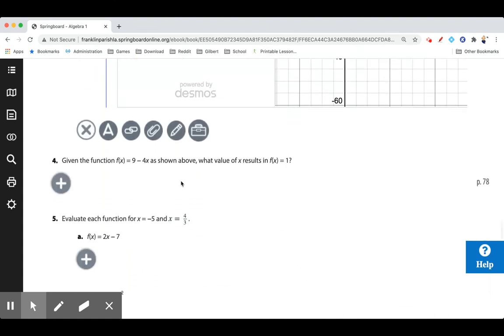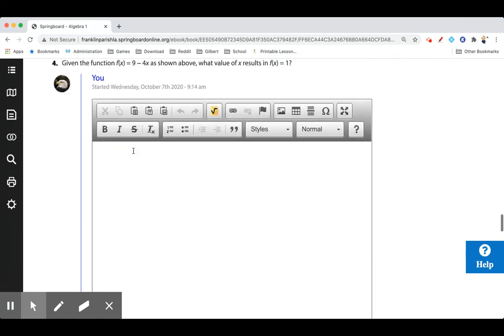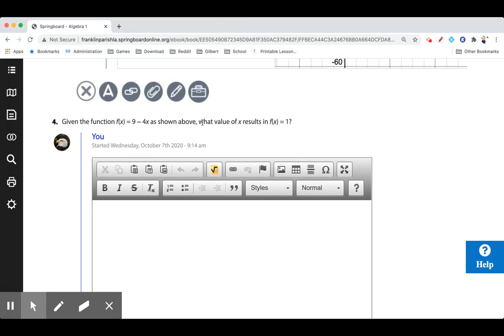Now, given this function f of x is equal to 9 minus 4x as shown above, what are the results? What value of x results in f of x equals 1? All right, so this time we're not saying replace the x with 1. We're saying that this function, 9 minus 4x, equals 1. 1 equals 9 minus 4x.